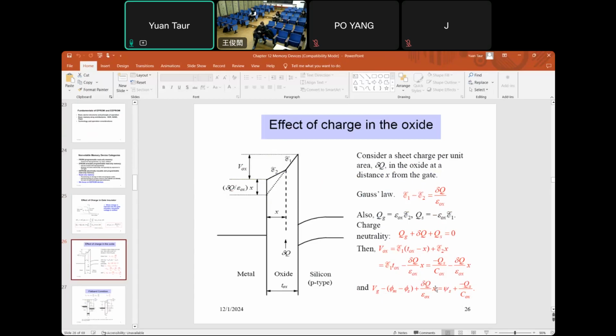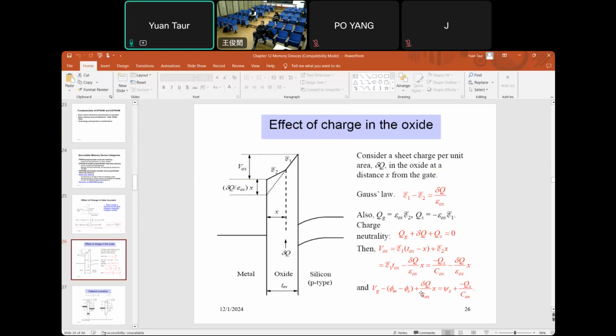Without delta Q, we have the gate equation: Vg minus work function difference, that's the flat band voltage, equals the surface potential, and then this is the charge in silicon.